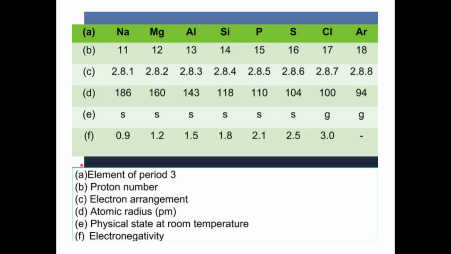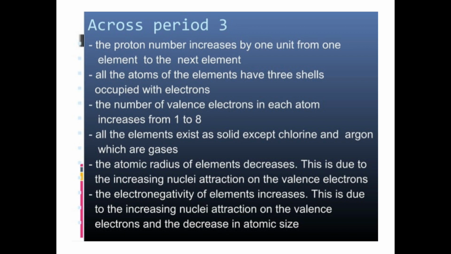Okay. Now, let's do a summary of across period 3. The proton number increases. All the atoms of the elements have 3 shells occupied with electrons. The number of valence electrons in each atom increases from 1 to 8. All the elements exist as solids except chlorine and argon, which are gases.